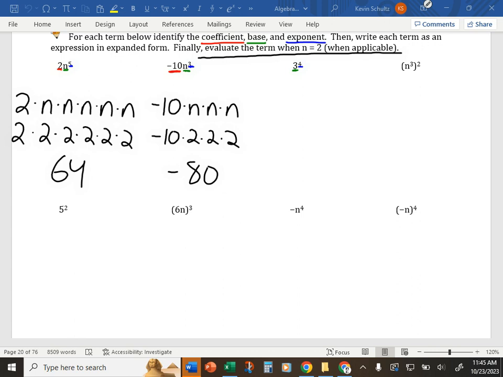And in this case, you know, we're out of things underlined. Do we have a coefficient? No. You won't always, right? And so for this one, 3 to the 4th power, it is saying in expanded form, 3 times 3 times 3 times 3. Okay? Which equals what?